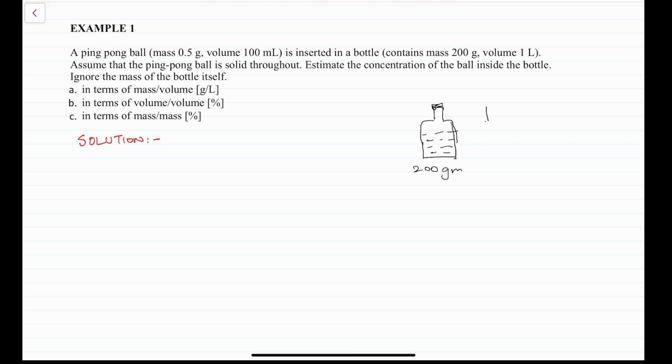And then you inserted in that bottle the ping pong ball. So that's a ping pong ball now. And now this is 200 gram, and actually the ping pong ball weighs 0.5 grams, so the weight would slightly increase. Now don't ask me how they got the ping pong ball through that narrow neck. Probably the neck is wider than the ball.